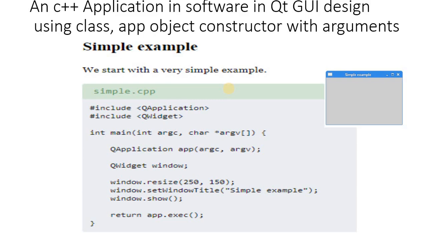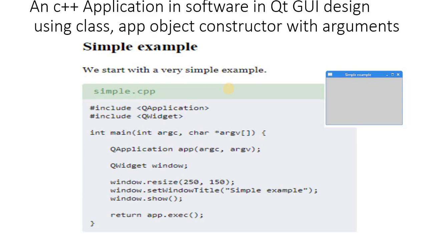After main, you can see that you have a class called QApplication, and you're creating an object called app with some arguments. Then you have another class called QWidget, and you have created an object called window. Then I can say window.resize. These are the functions.